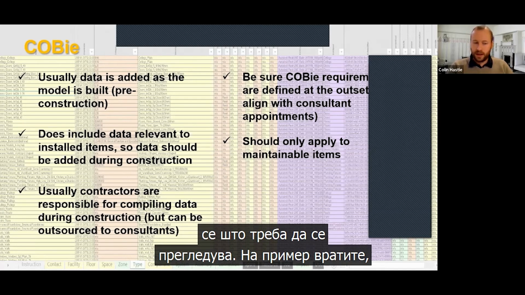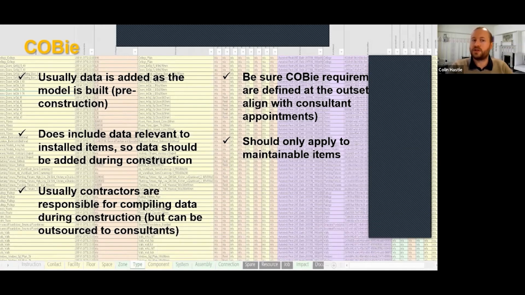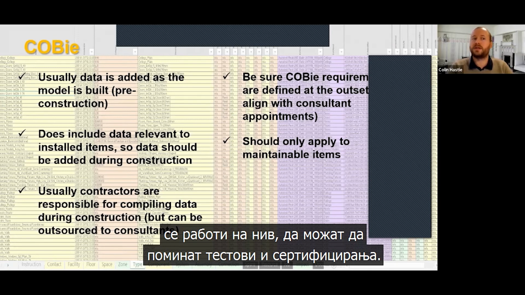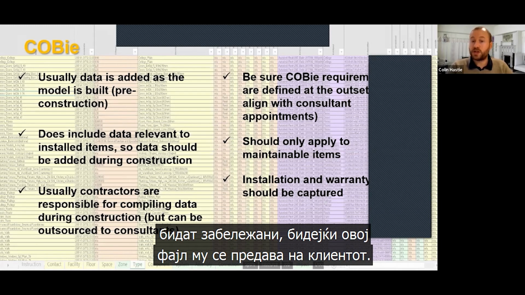Anything that requires checking periodically, like for doors, it could be fire doors will need closers to be inspected and checked, these sorts of things, test certificates to be updated potentially if work is done. As I said before, installation warranty information should be captured on the spreadsheet because that gets handed over to the client.